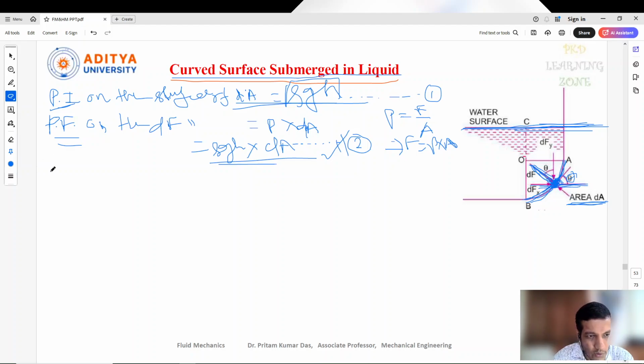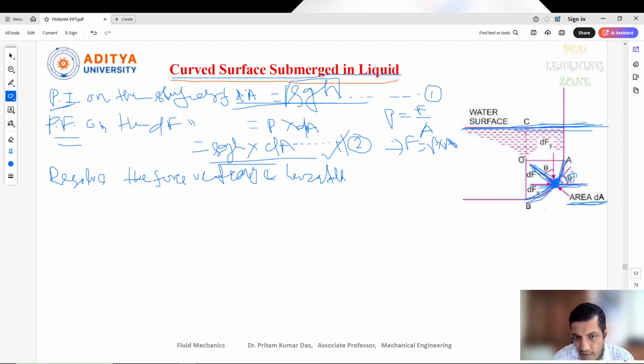So let's resolve the force vertically and horizontally.